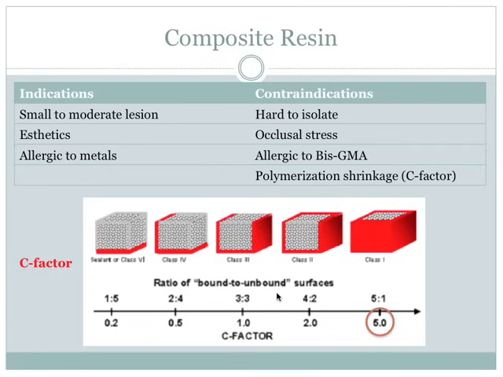So if you're bonding to only one surface, like if you're doing a sealant or a class 6 restoration, which is what we talked about before, bonding only to an incisal edge or a cusp tip, if you think of it like a cube or a die, it's basically one surface that is touching a tooth, and all the 5 other surfaces are unbound.